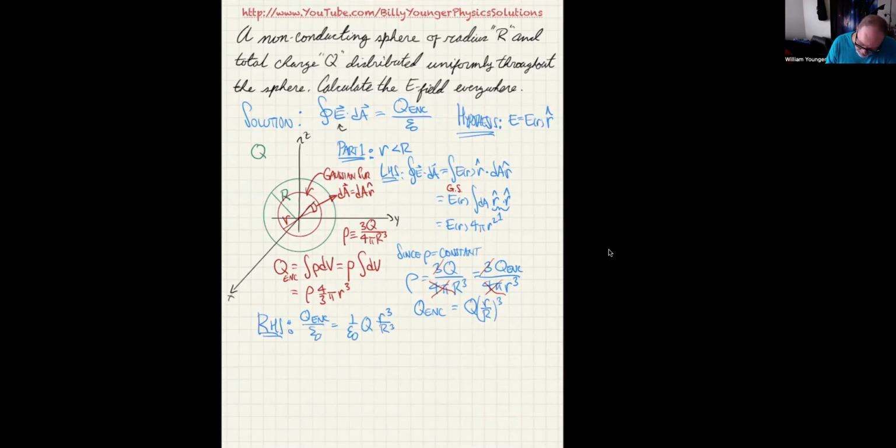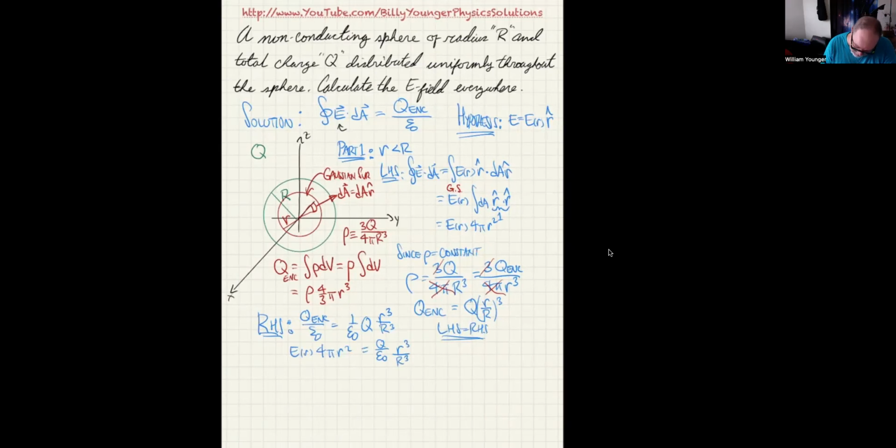So now we can set left-hand side equal to right-hand side. And when we do that, we get E of r times 4 pi r squared is equal to Q over epsilon naught times r cubed over big R cubed.